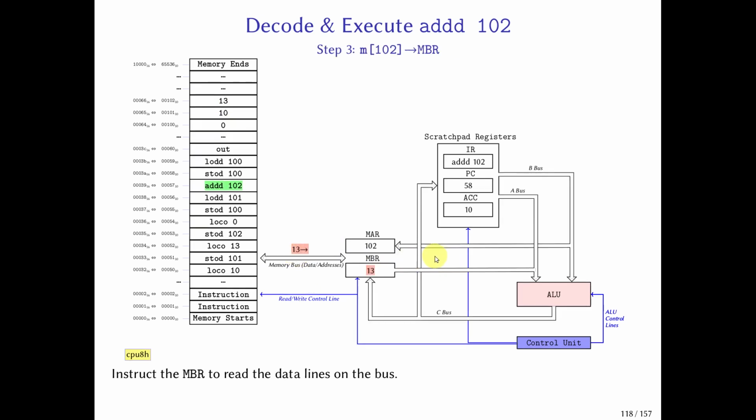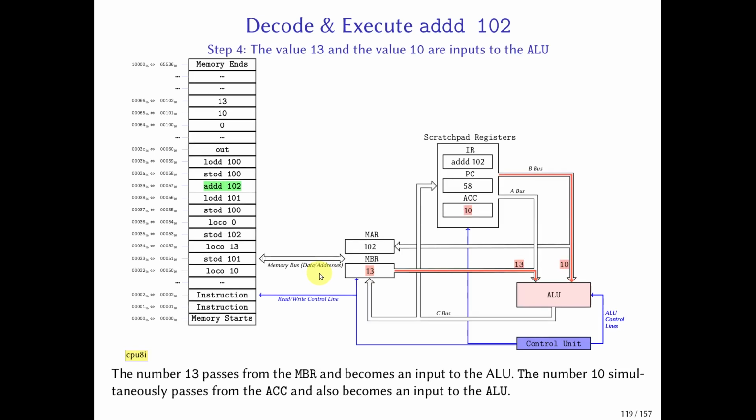You can see that the next thing that happens is that the CPU reads that value of 13 from the memory bus into the memory buffer register, and then asserts it as an input to the ALU.